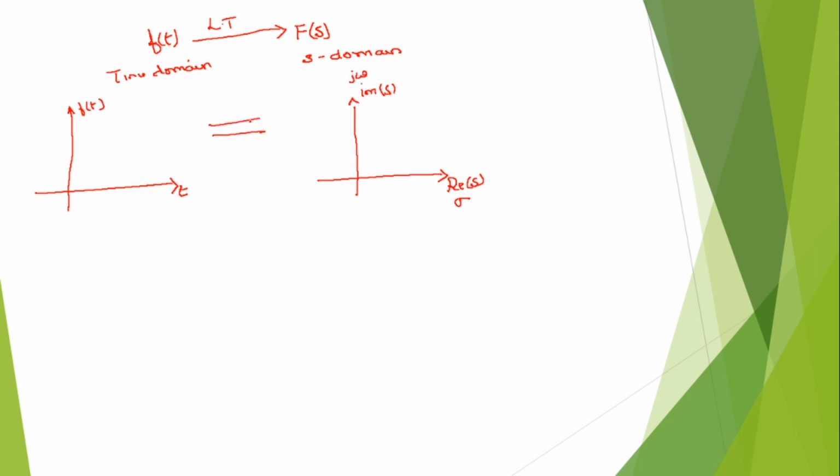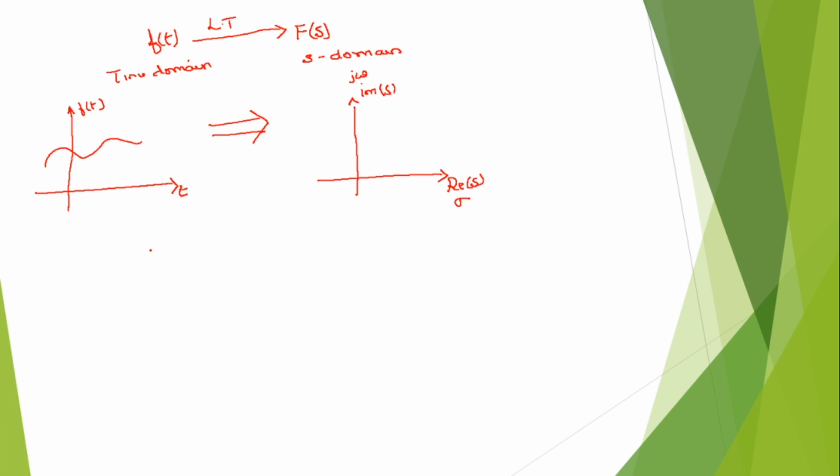After transforming, the function in the time domain changes to a function in the s domain. So how to transform from time domain to s domain? There must be some transformation formula.